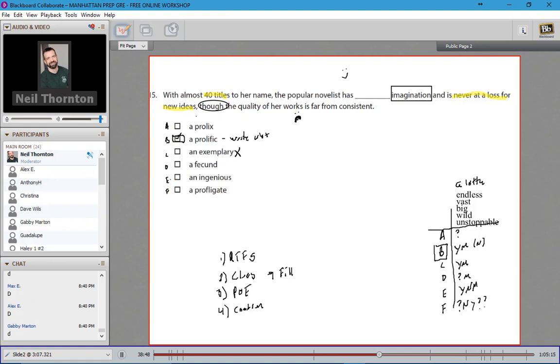All right. So once again, does ingenious, being super clever, does that match prolific? No. So that can't be it either. So once you're confident with an answer, that confirmation of like these have to match each other, we got to get rid of some of these answers like exemplary and ingenious.